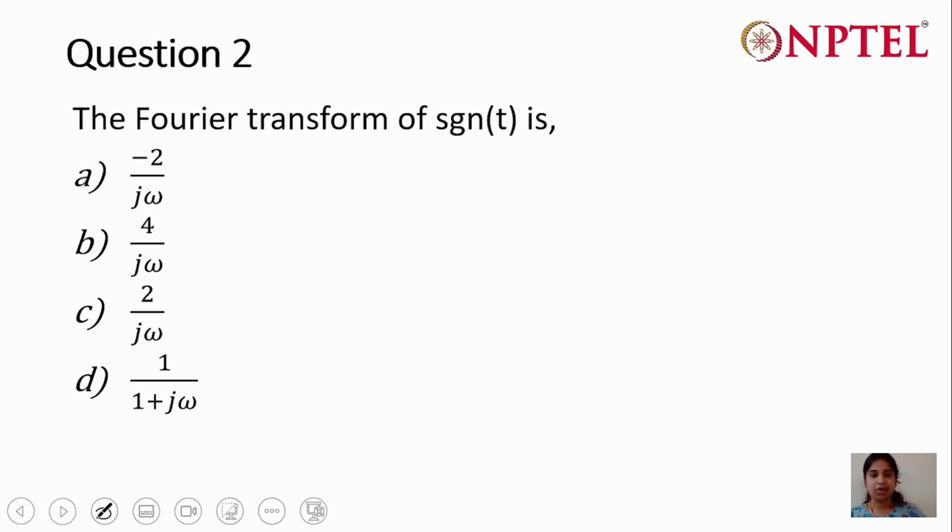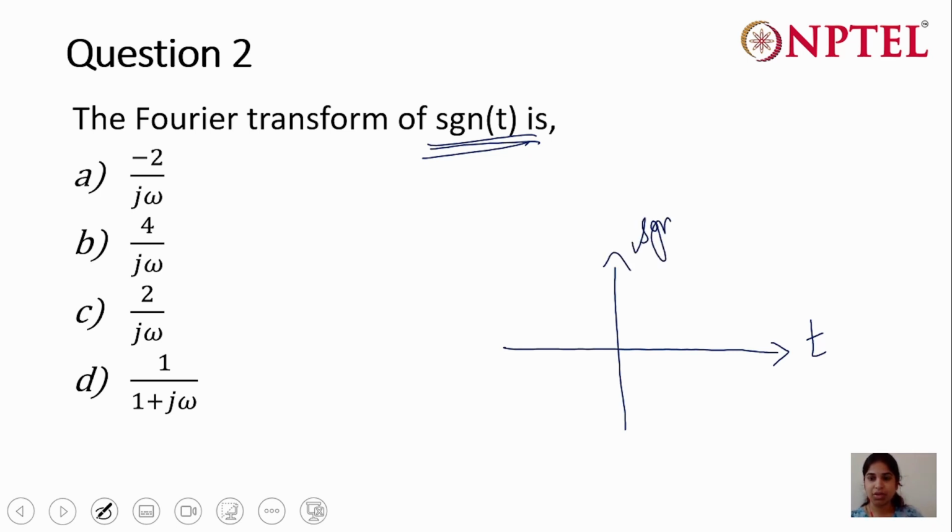What is the Fourier transform of sine of t? So what is this function, the signal sine of t? So if this is t and this is sine of t, sine of t has value minus 1 for t less than 0, and it has value plus 1 for t greater than 0.